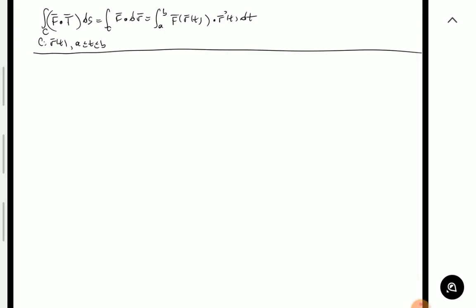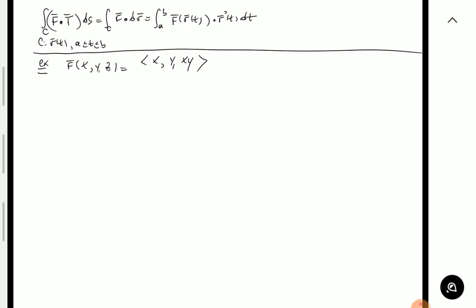Okay, so let's do an example. Suppose we want to integrate the vector field given by the components xy. Notice that even though this depends on x, y, and z, it doesn't have to depend explicitly on z.